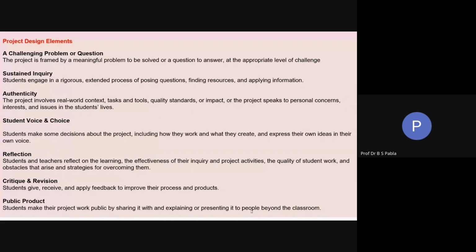It is not that we will hide the project and not show anyone, thinking mine was not good, the teacher has already given marks. It is not like that. It will be open. Like Chandigarh University did, they had a project exhibition where people with good projects were given prizes also.